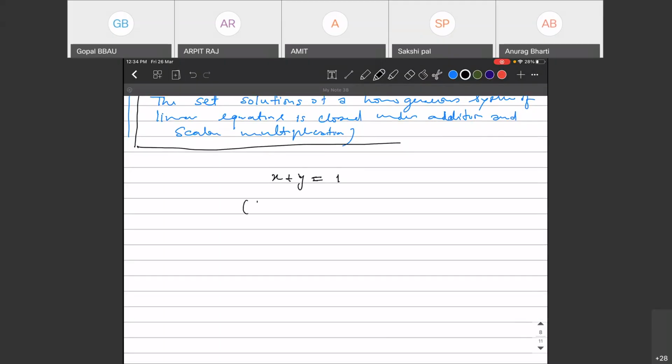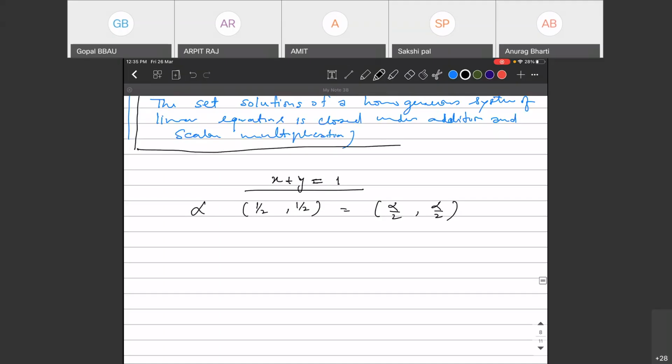Then (1/2, 1/2) is a non-trivial solution of this non-homogeneous equation. If we multiply this by alpha, it will be (alpha/2, alpha/2). If alpha is not equal to 1, then it will not be a solution of this equation. Correct? Yes, sir.